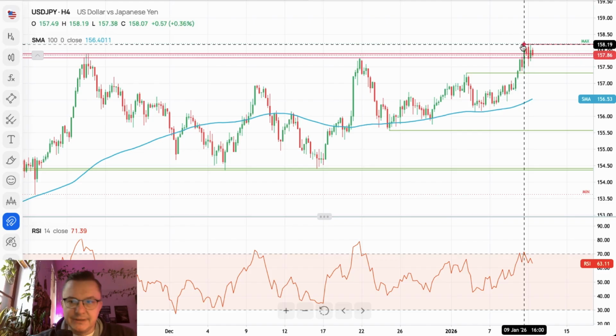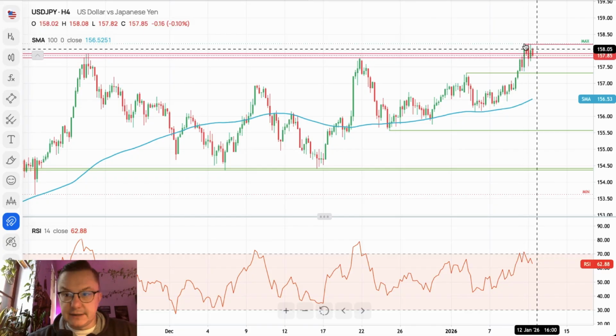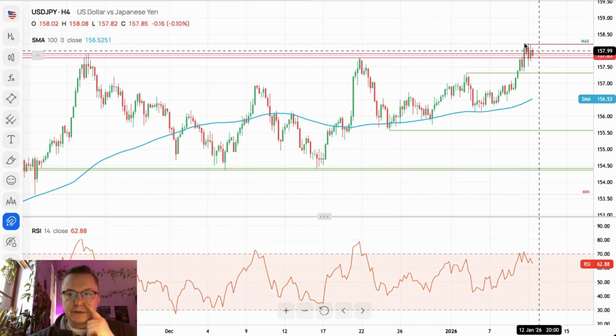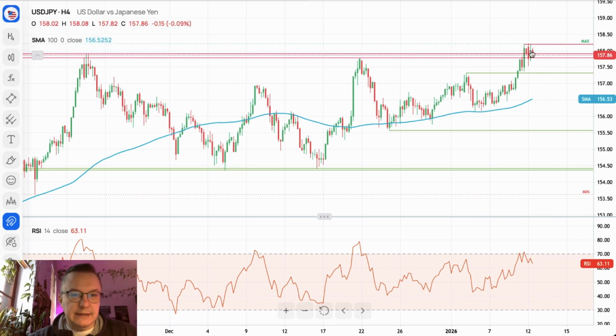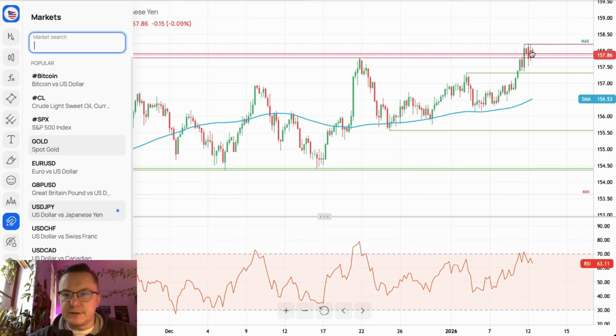So this might be the breakout to the upside. Nevertheless, it's too early to say anything because it looks like this market is now losing the momentum, losing the volatility. It doesn't actually look that encouraging as it was.